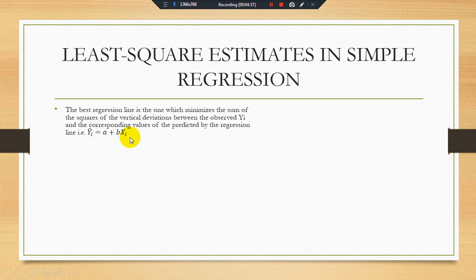So if you have data of xi and yi, and then you estimate alpha and beta parameters, after estimating them you can write y hat is equal to a plus bxi.